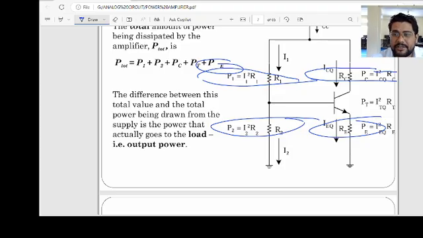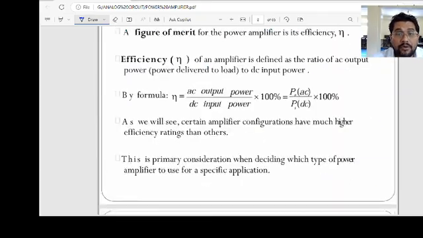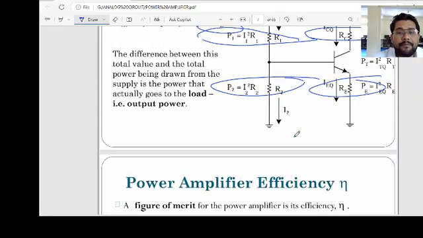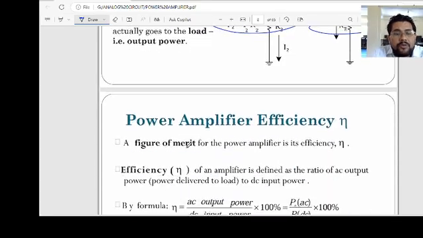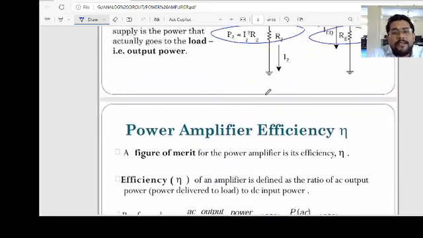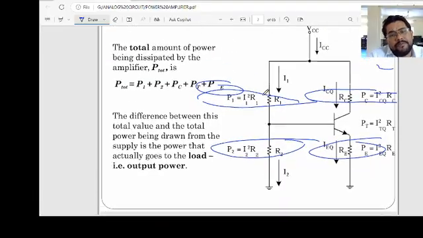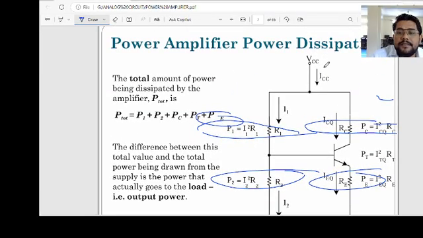This is the general concept for calculating power in any power amplifier circuit, based on the distributed power.